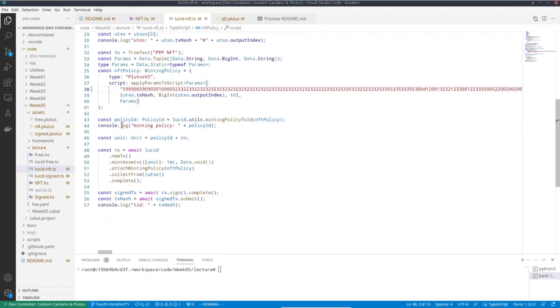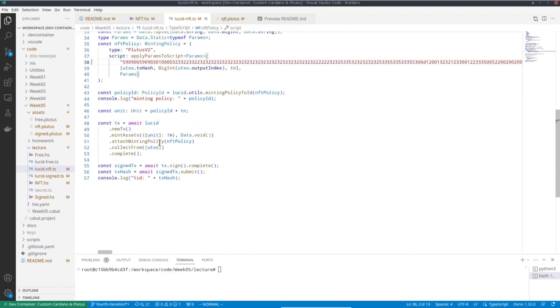So the rest is as before. So I can compute the policy ID. I log it. Now my unit, asset class. Now I can construct the transaction. So these first three are as before, but now I must also make sure to actually spend that input.